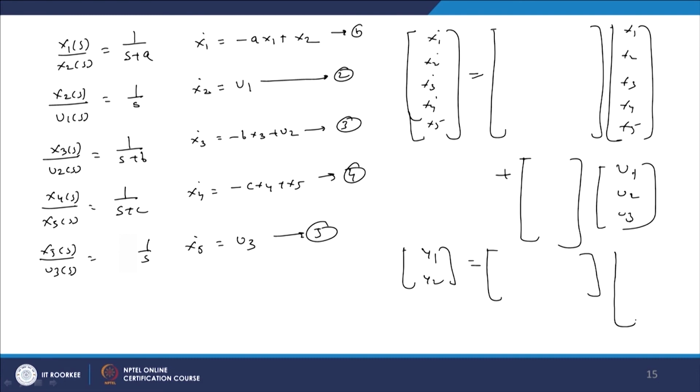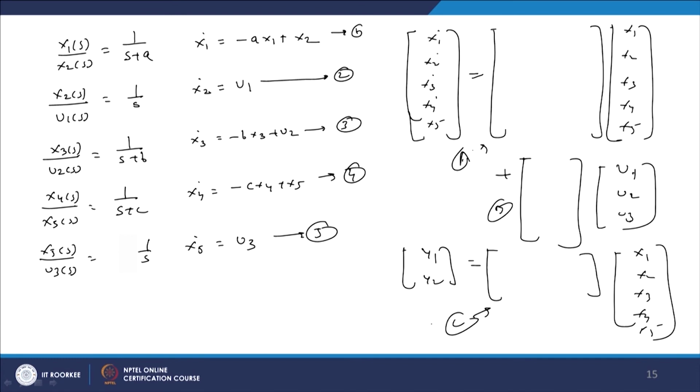Here we write down x1, x2, x3, x4, x5. Just check this. See here x dot, this is A matrix, this is B matrix corresponding to the input matrix, this is C, the output matrix.